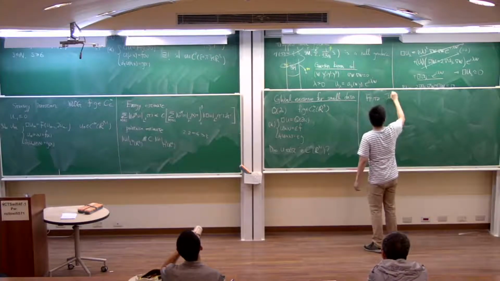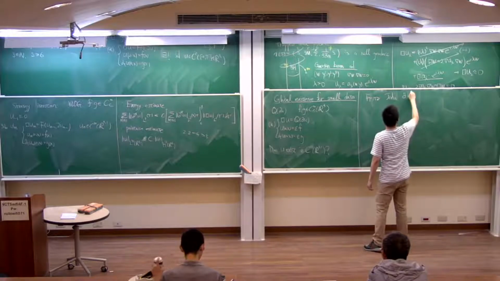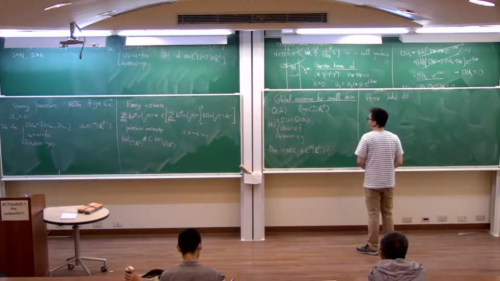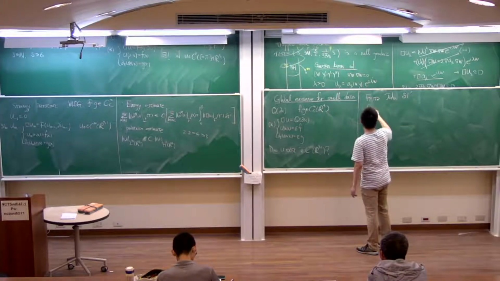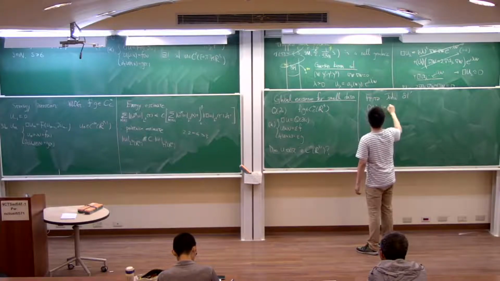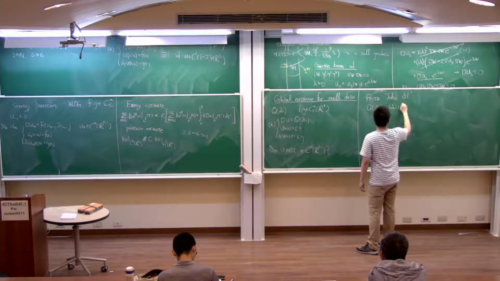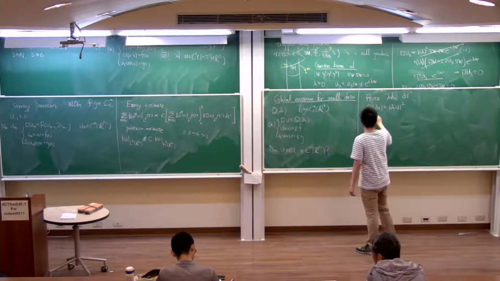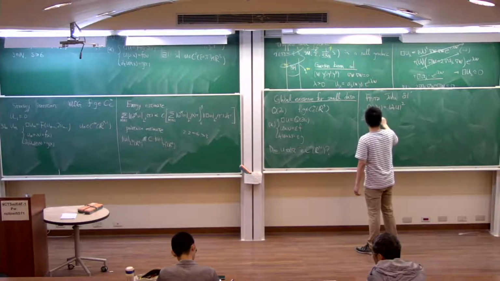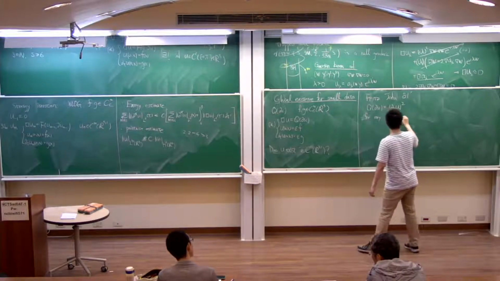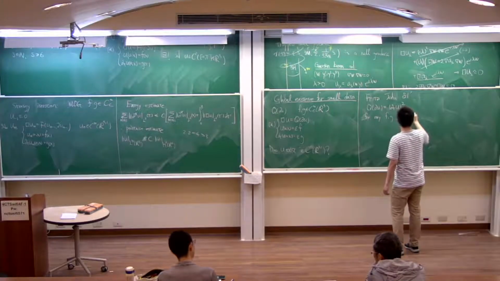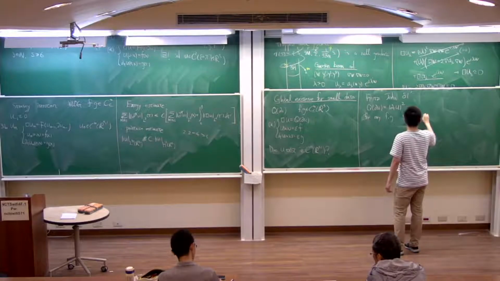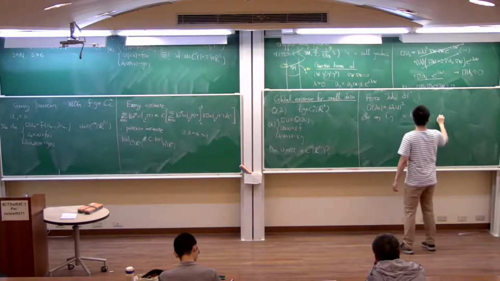Fritz John, in '81, gave an example that if Q(du) is (partial t u) squared, then for any f and g, u blows up in finite time.